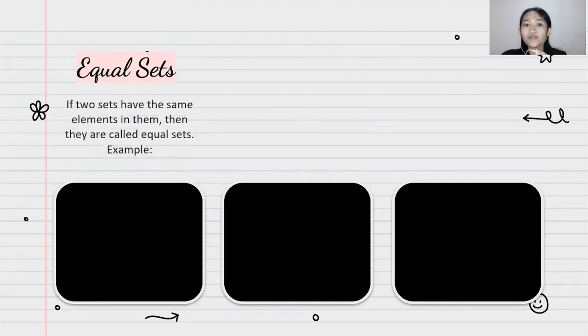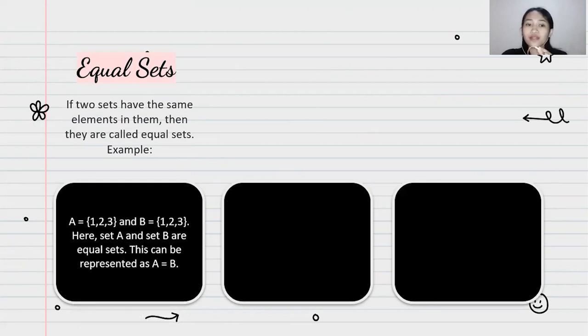If the sets have the same elements in them, then they are called equal sets. For example, set A is {1, 2, 3}, and set B is {1, 2, 3}. Here set A and set B are equal sets. This can be represented as A equals B.